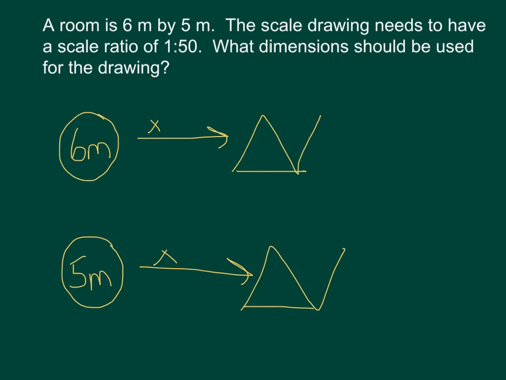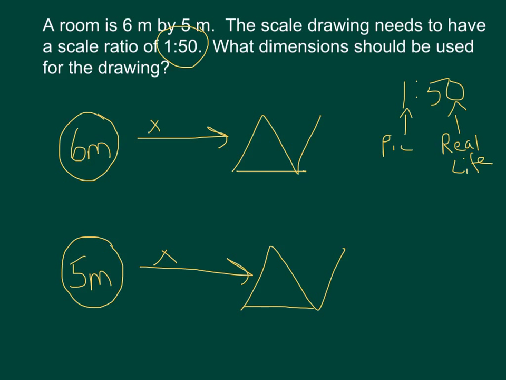Now, as I told you earlier, when you see a scale ratio, there's really nothing more than scale factor but written as a ratio. So when I see 1 to 50, that means that I have 1 in the picture or the drawing or the map, and then 50 in real life.